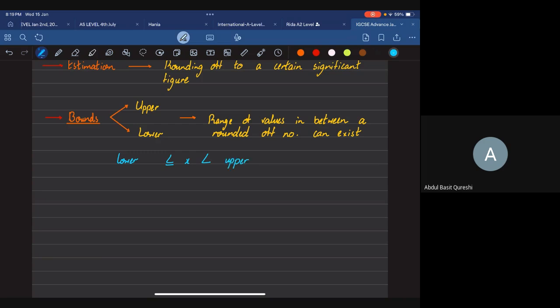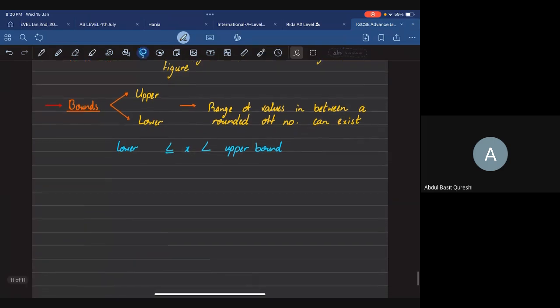The reason why the upper bound is not included is because when we get to the calculation of the upper bound, you'll know that if my value is exactly the upper bound, it is not going to round off to the actual number again. It is going to round off to the next number, and we'll see how that happens. So your lower bound is going to exist over here.